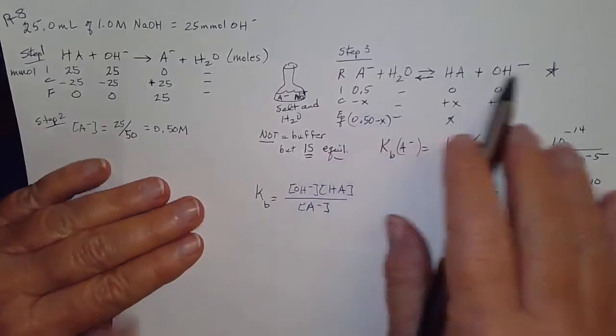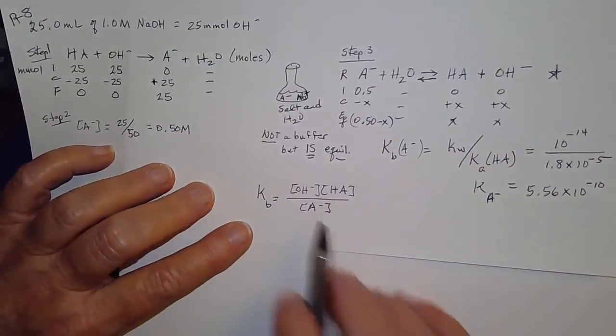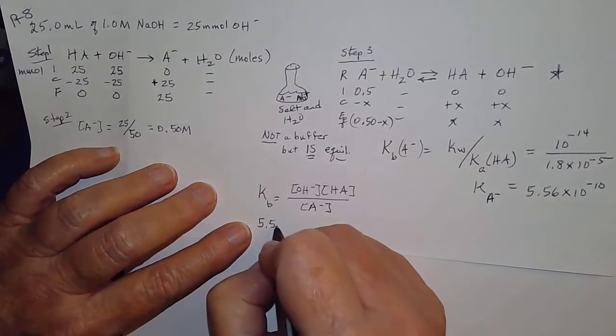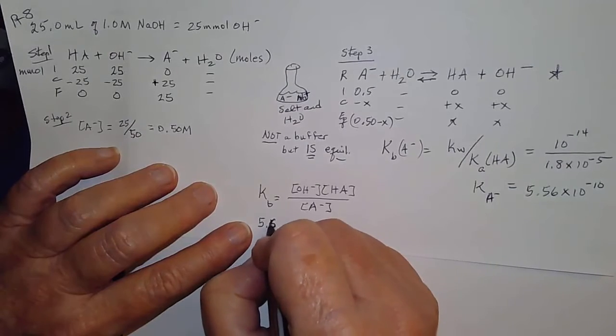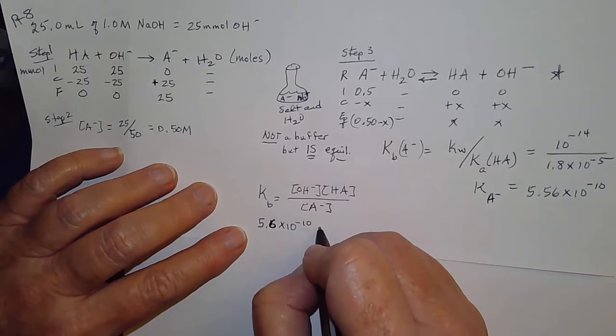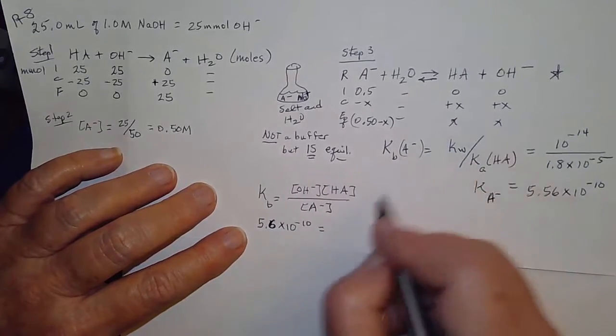Because this is a different type of equation, I think you should write the Kb as the expression. And then you can put 5.56, or we better do 5.6 times 10 to the minus 10 equals, and this time we have an x squared, right?